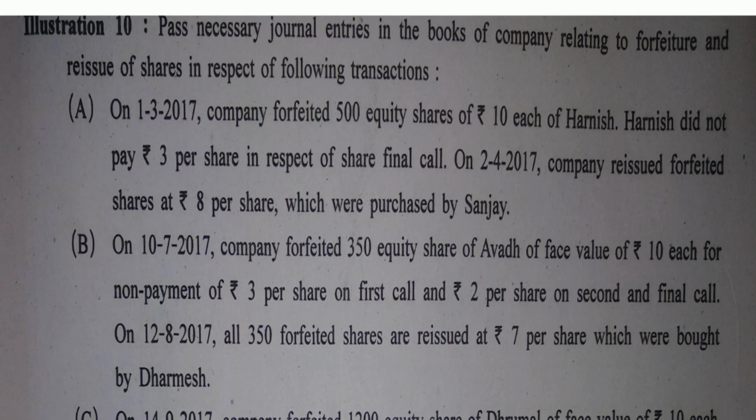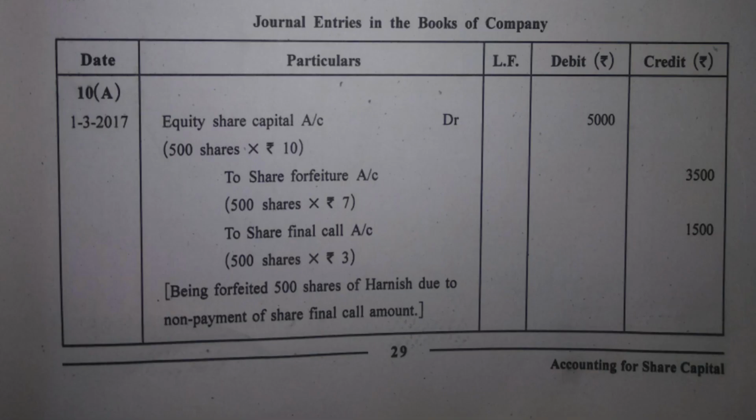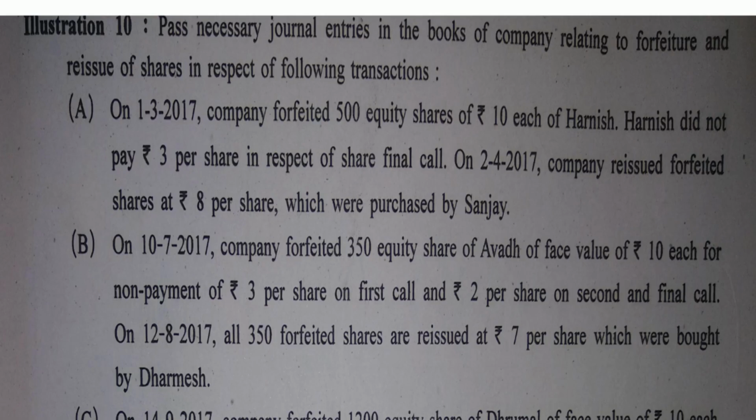You can see here that they have said clearly that Harnish did not pay 3 in respect of share final call. That means obviously Harnish has paid rupees 7 out of rupees 10. So 500 into 7 here. Then to share final call account, 500 into 3. Why? Because Mr. Harnish did not pay rupees 3 per share in respect of share final call.